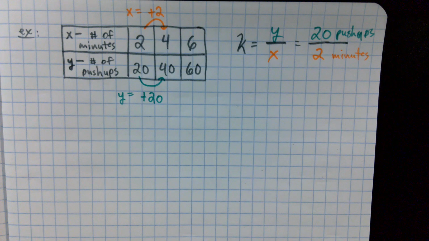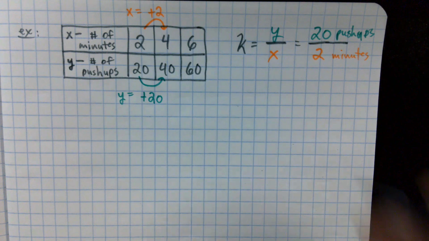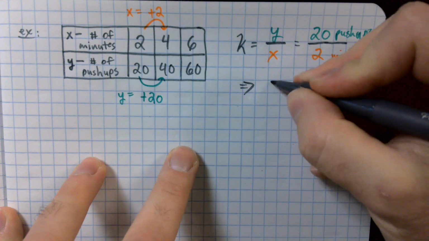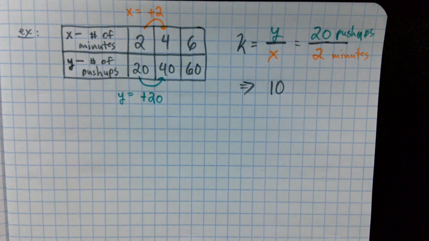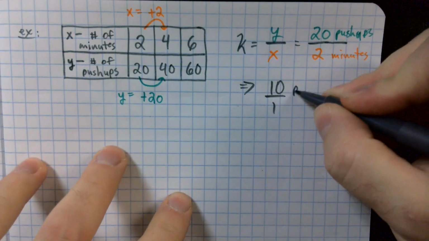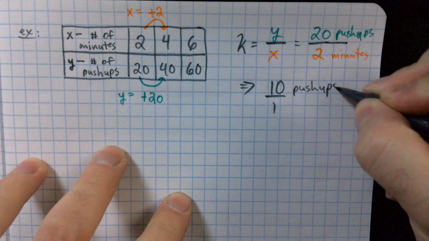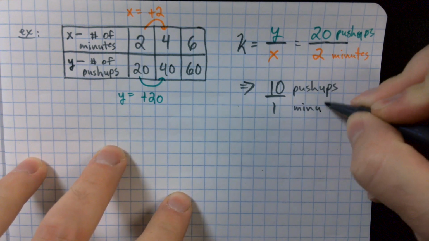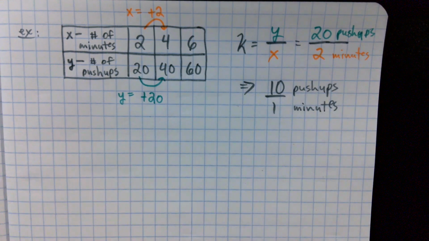Yes. What's 20 divided by 2? 10. Right? 20 over 2 simplifies to 10 over 1. So, based on this table, you can do 10 push-ups in 1 minute.